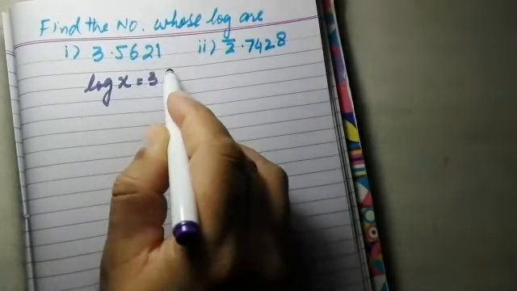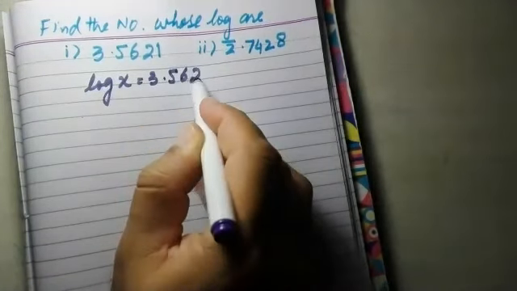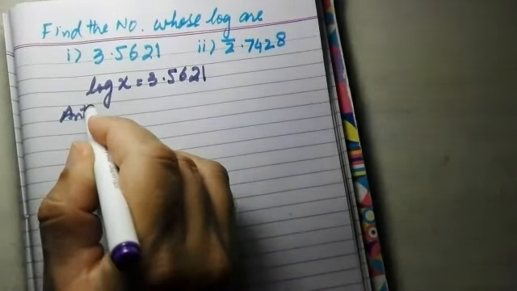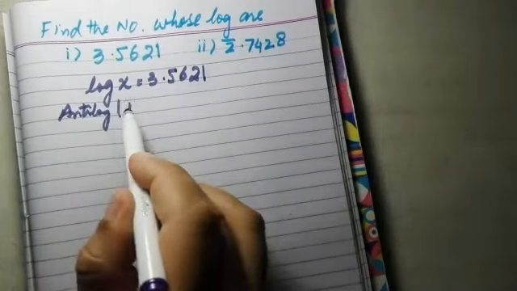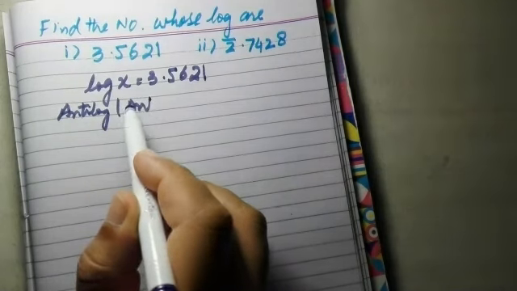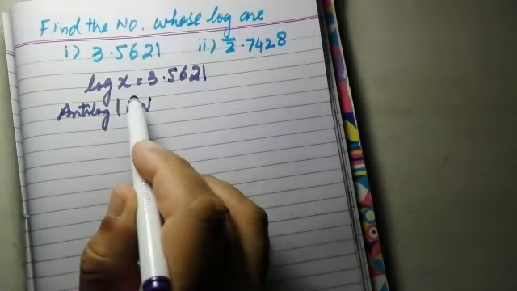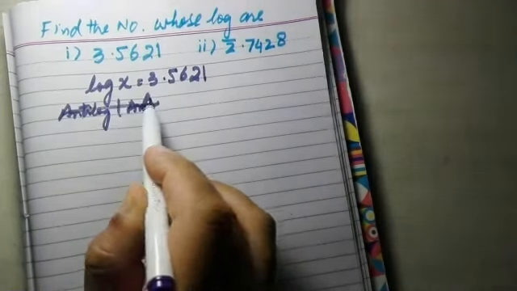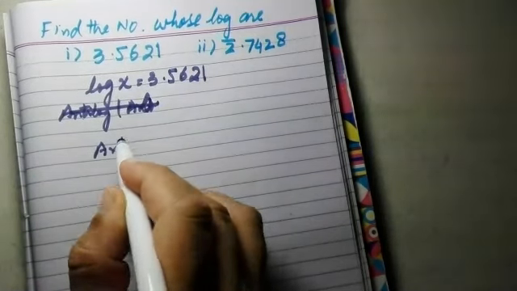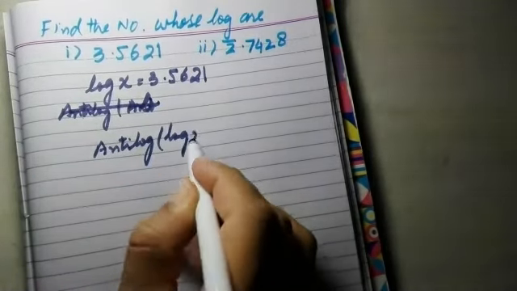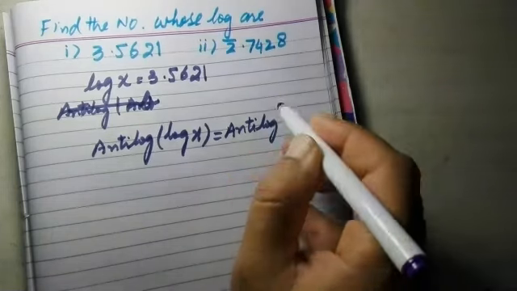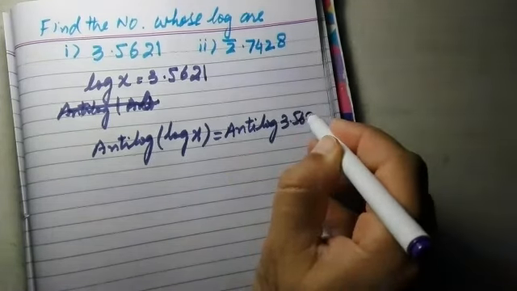So you should write it like 3.5621, and you will proceed by writing antilog of log x, antilog 3.5621.